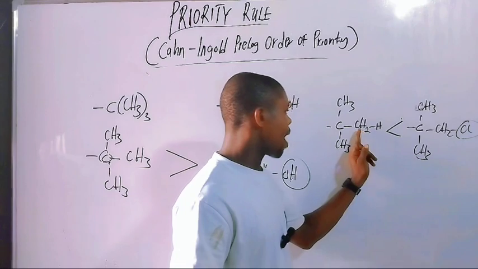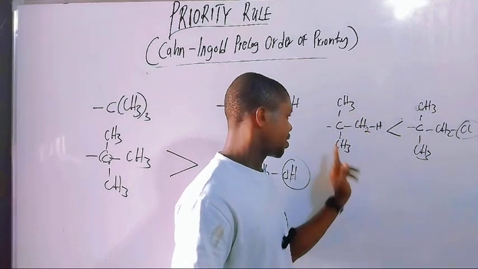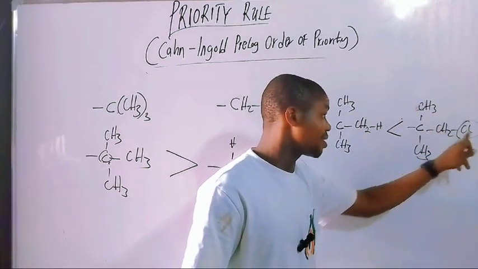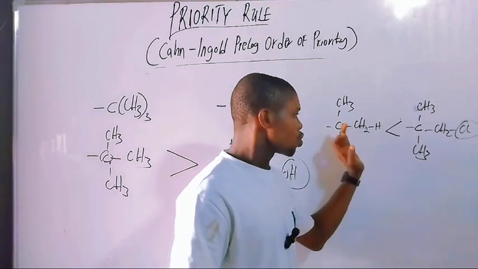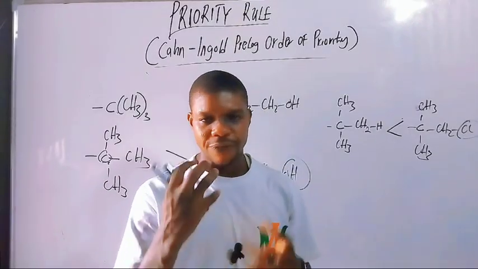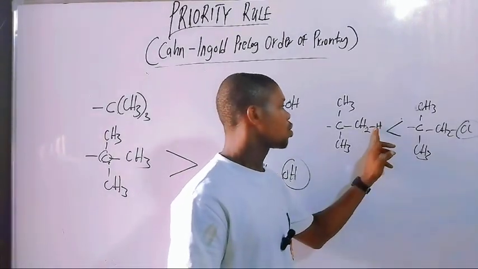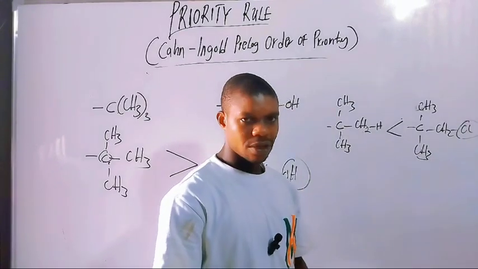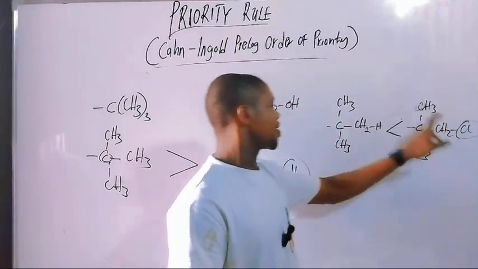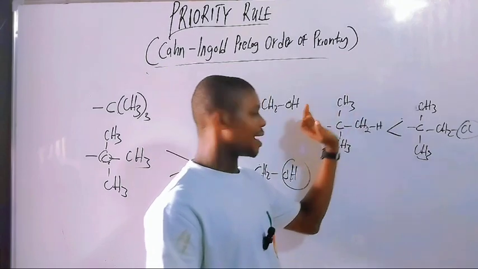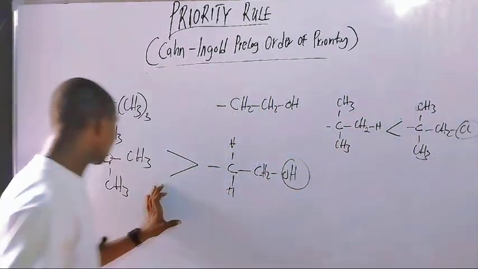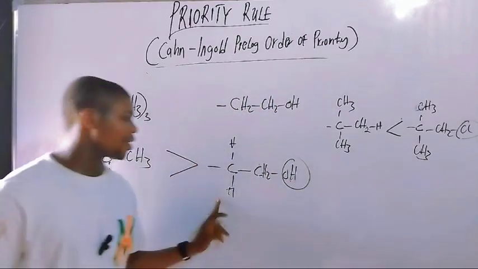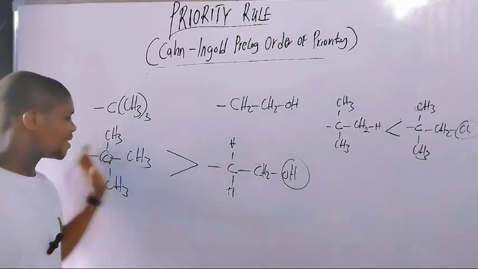Here we have carbon, CH3, here we have CH2, CH3. So what is the point of difference here? The point of difference is on hydrogen and chlorine. So chlorine will attract here because of chlorine. This one is higher than this other one, carbon, hydrogen, carbon. So this guy is greater than this.